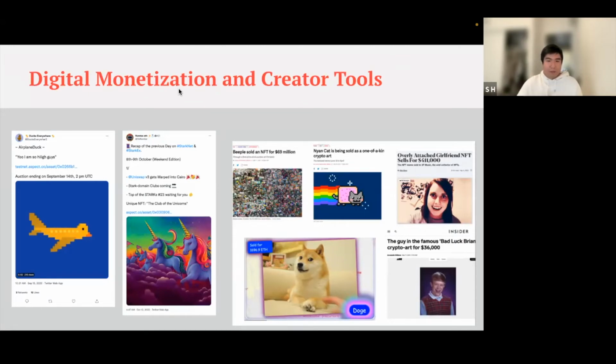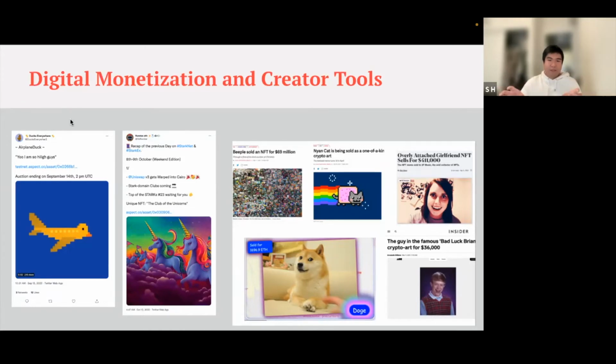I think Beeple is the most lucrative example of that, when he sold his NFT for millions of dollars. But also, some of the favorite memes that we've seen on Reddit and all over the internet, the original artists also started getting rewarded, which is really, really good to see. And some of the StarkNet native creators we're seeing is Ducks Everywhere.